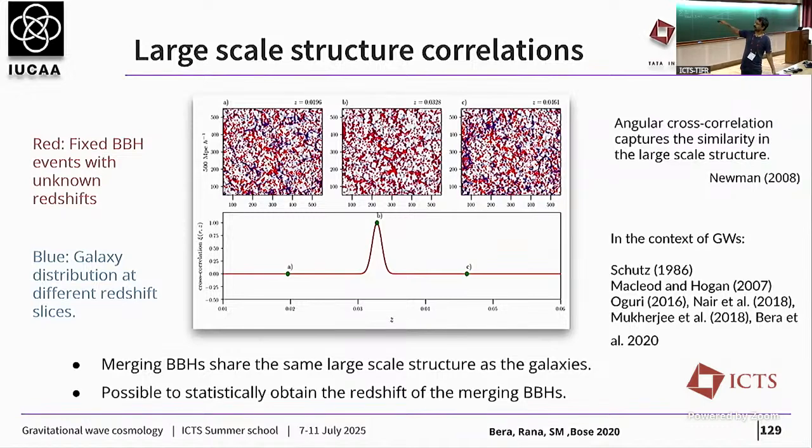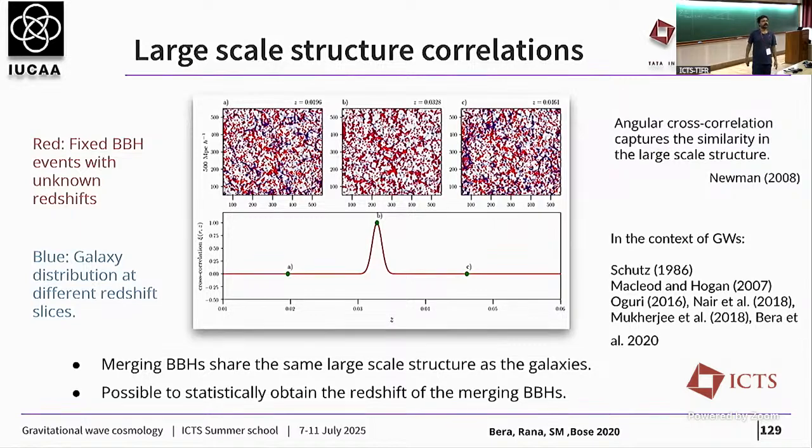This is at redshift of 0.019, this is at 0.03, this is at 0.0461. Okay? So at different redshifts. What you will see is that the blue and the red are not much correlated here. They lie mostly on top of each other here. And then again, they are randomly distributed here.